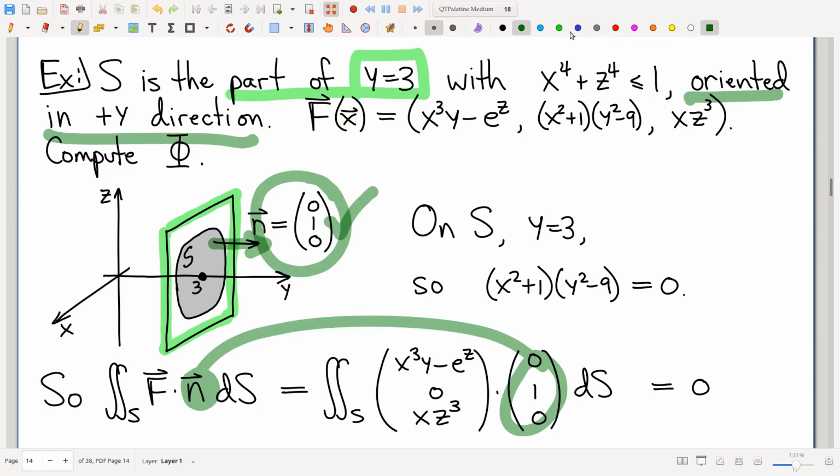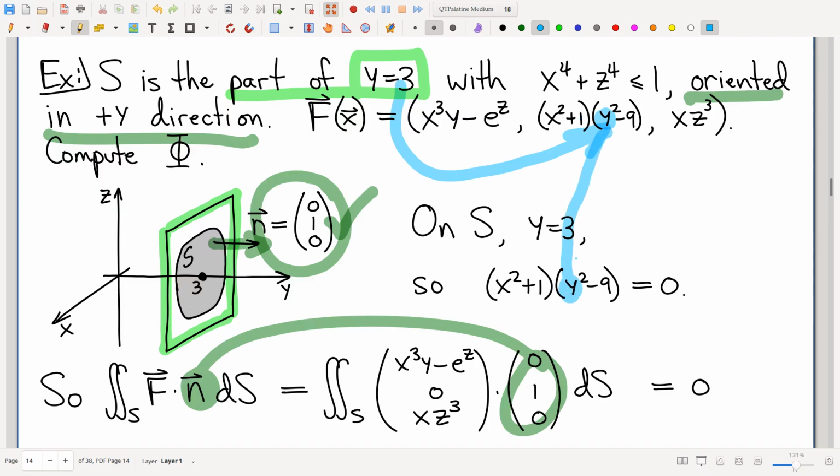But the second bit of awesomeness is that because I'm on this plane y equals 3, I can plug that in for y. Because after all, the only reason I care about this vector field is because it's on my surface. My surface is entirely in the plane where y is literally 3. So I can plug in y equals 3.